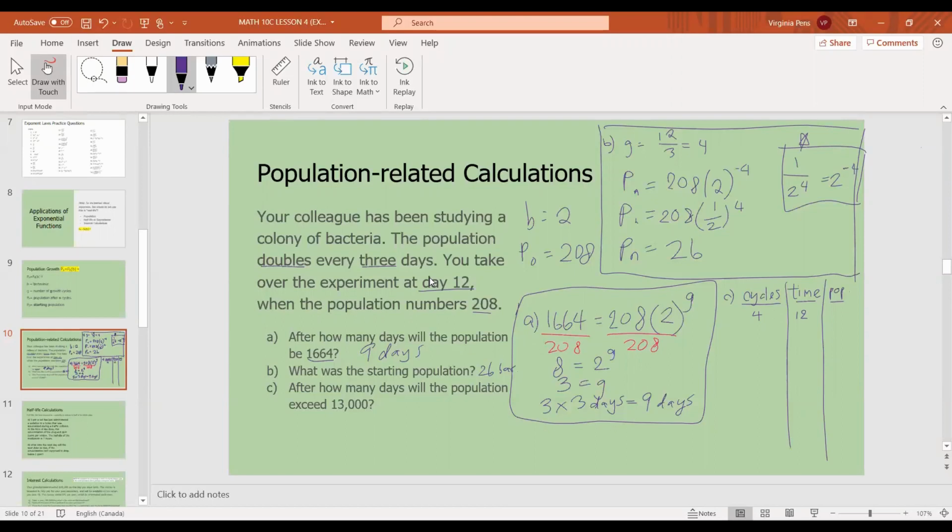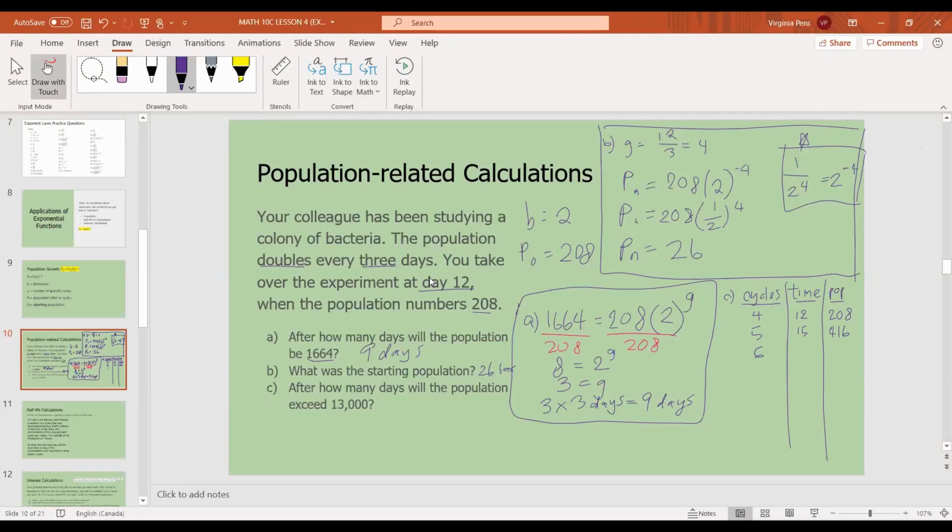And our population was 208. If we move on to the next cycle, so after 3 more days, cycle number 5, the time is now 15. Because there's one cycle every 3 days, the population is doubled, which means that the population is now 416.